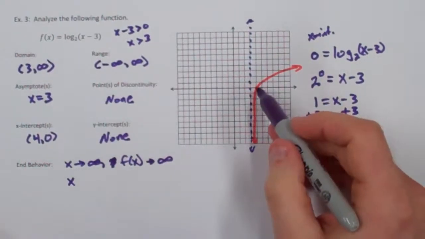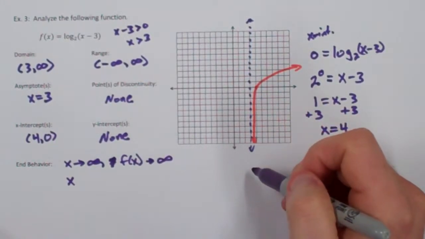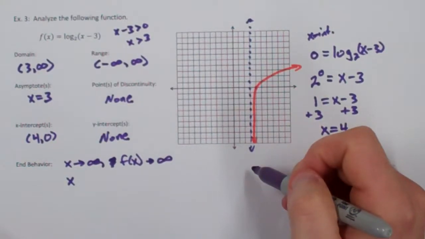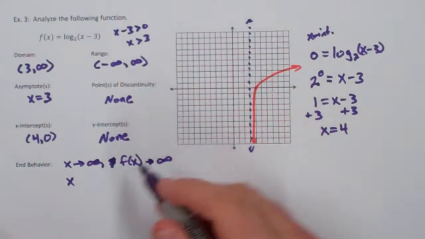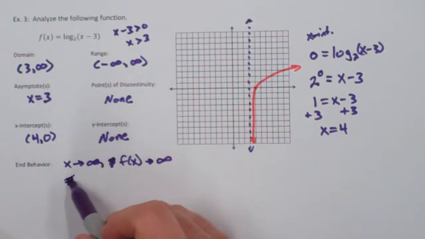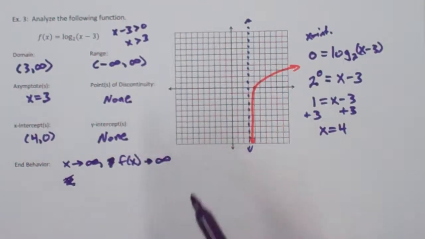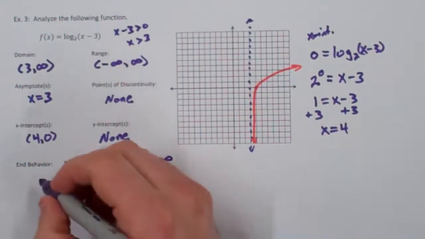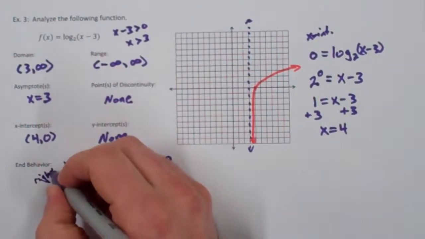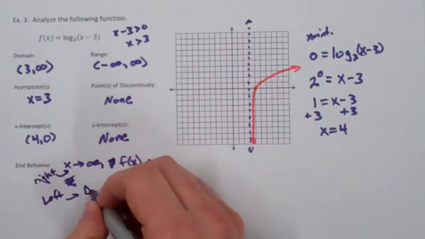If you want to look at this graph and say as it approaches 3, though, we could say that it approaches negative infinity, but really there is no left-hand end behavior. As x approaches negative infinity, it doesn't exist. So we could just say as x approaches infinity, f of x approaches infinity. So that would be our right-hand side, and our left-hand side does not exist.